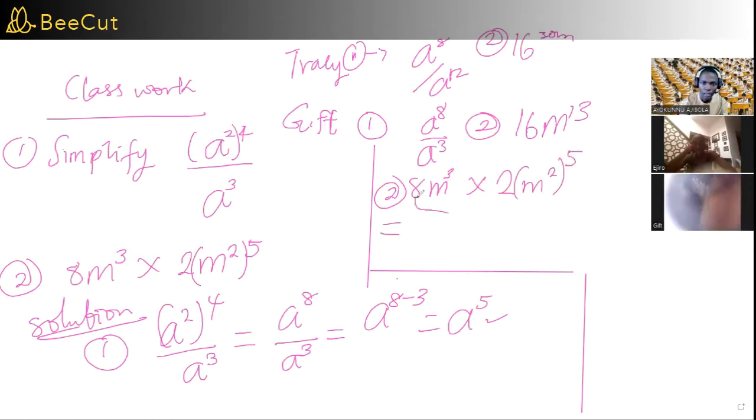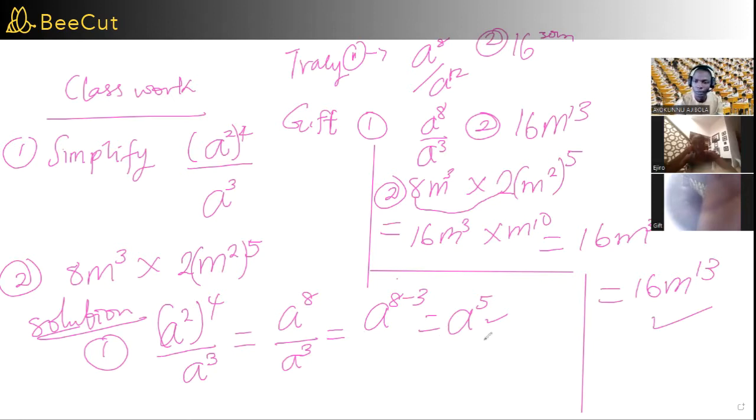You're going to multiply 8 and 2, that is 16, then all the m's together. So this is m raised to power 3 times m raised to power 10. Where did I get 10 from? That is 2 times 5, which gives 10. Here you're adding the powers together because of the multiplication between the m and the m. So this is going to be 16m raised to power 3 plus 10, and that is going to be 16m raised to the power 13. So that is the answer to that.